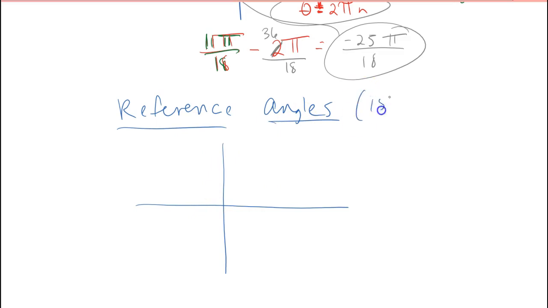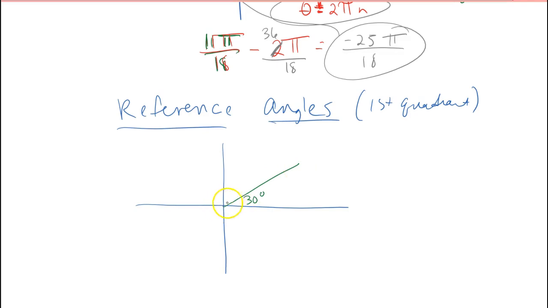So a reference angle, guys, is always in the first quadrant. So like if I were to give you, let's say 30 degrees, and I said, what's the reference angle for 30 degrees? The answer would actually be 30 degrees because well, it's already in the first quadrant.